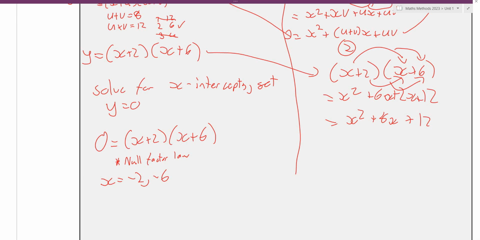Because remember, we're allowed to have up to 2 x-intercepts for a quadratic. That's it. Those are our x-intercepts. I should probably say, therefore, x-intercepts at (-2, 0) and (-6, 0).